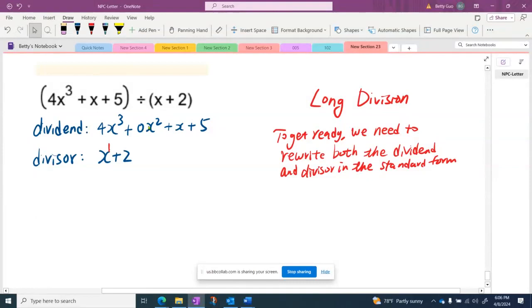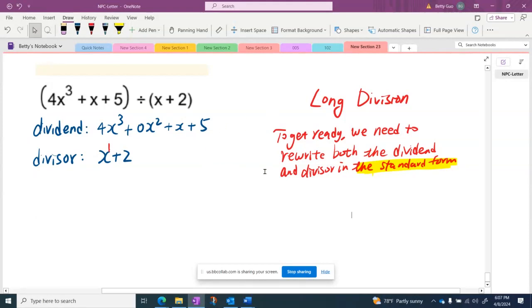It is because the coefficient of that term is 0, so we write that term as 0 times x squared. So that's the standard form of the dividend. A lot of people forget to do that, and they end up with the wrong answer. So please remember, to get ready for long division, we must write both the dividend and the divisor in standard form.